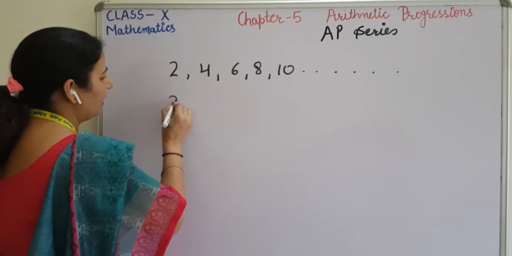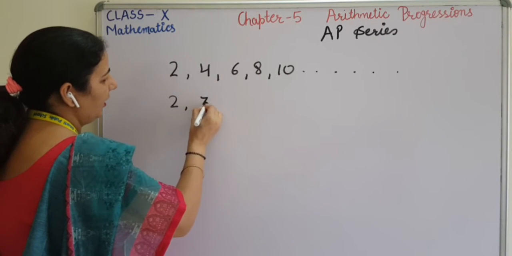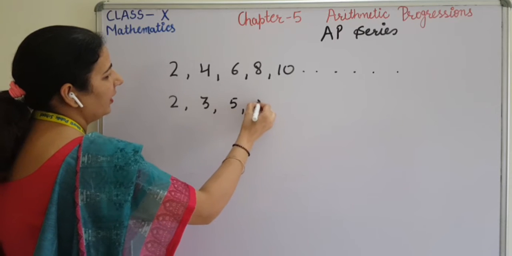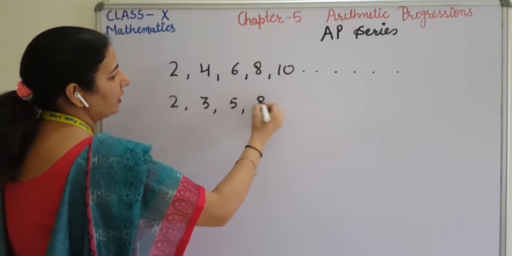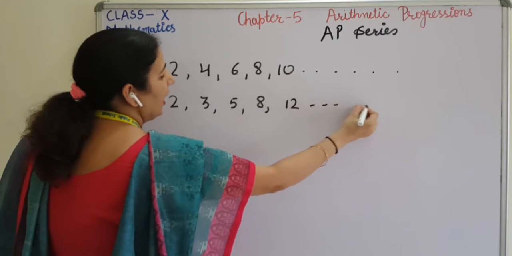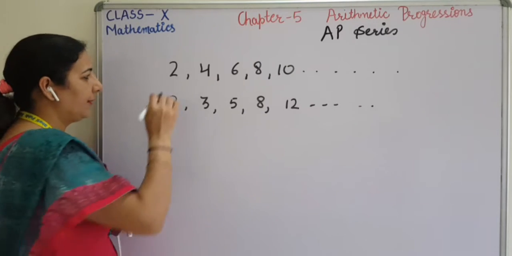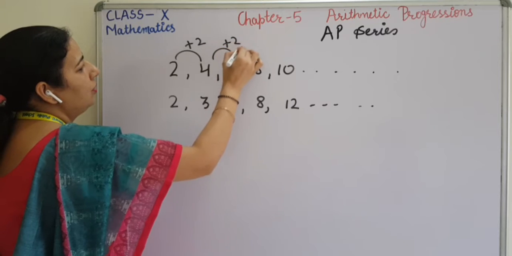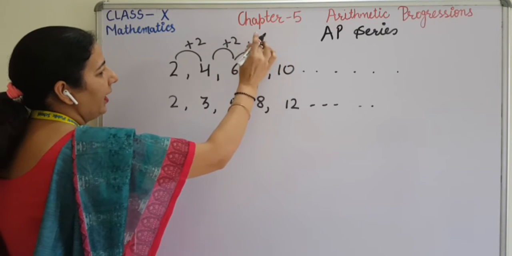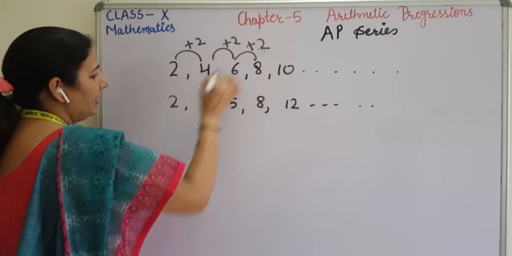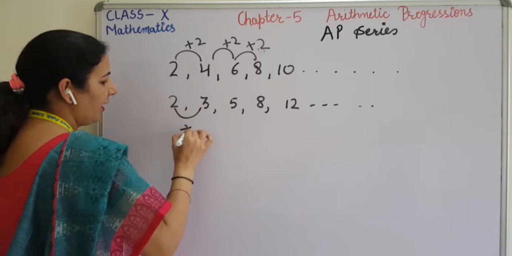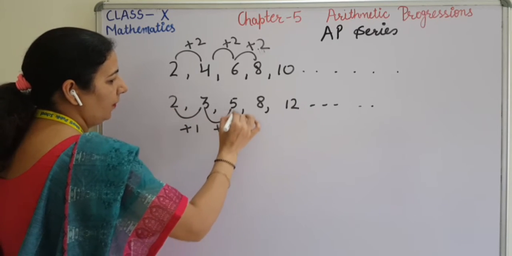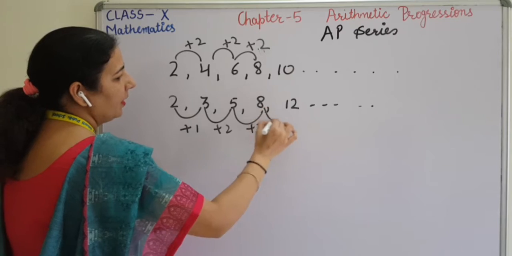If I write like this, 2, then 3, then 5, then 8, then the next one is 12 and so on. Here also we have observed one thing. In the first, plus 2, plus 2, plus 2 and so on. And in this, plus 1, plus 2, plus 3, plus 4.